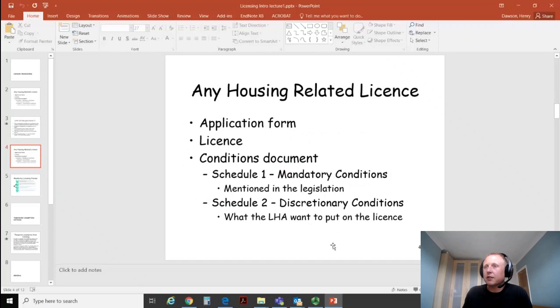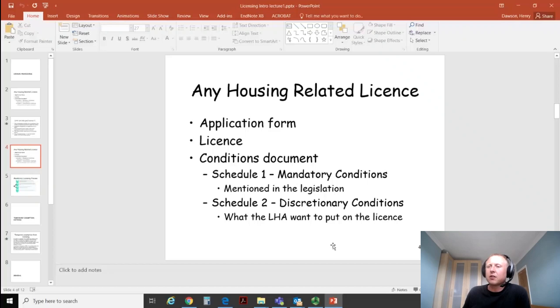So once they've got their license, the license will have mandatory and discretionary conditions drafted into it. The mandatory ones, there's a few of these, it's like 5 of these, which apply to all licenses, and then they're slightly different for selective licensing.